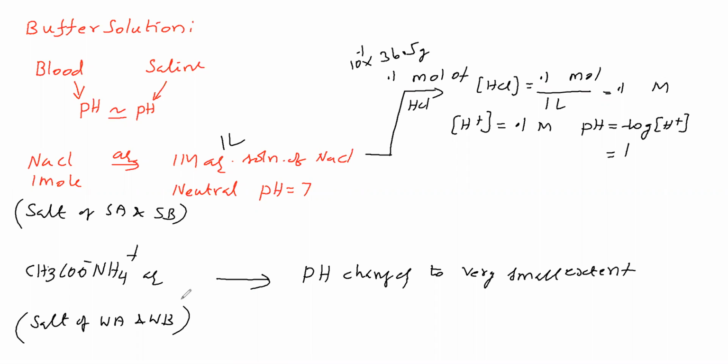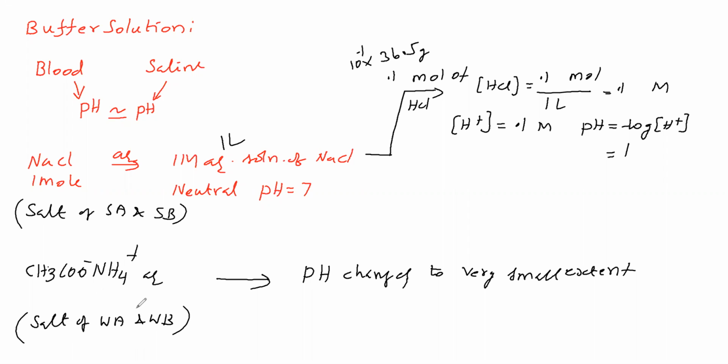So this is nearly acting as a buffer. Nearly acting as a buffer solution means, one example is this one: a salt of a weak acid and a weak base. This solution's pH changes only to a very small extent. Therefore, this solution is acting as a buffer solution, almost a buffer solution we can say.